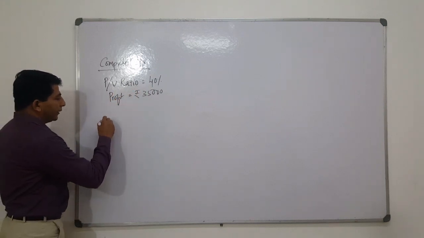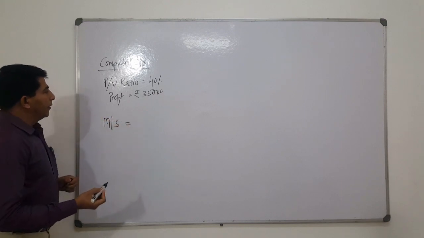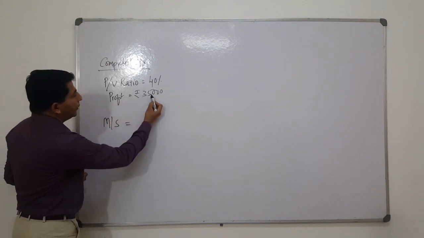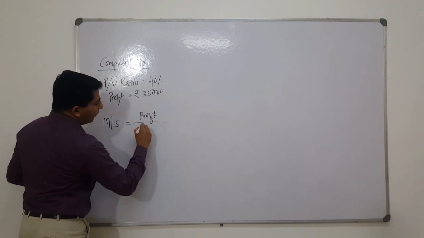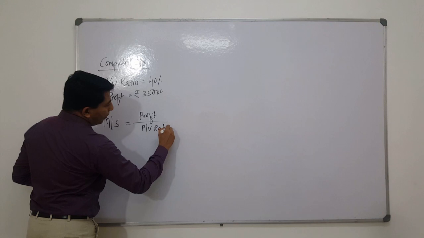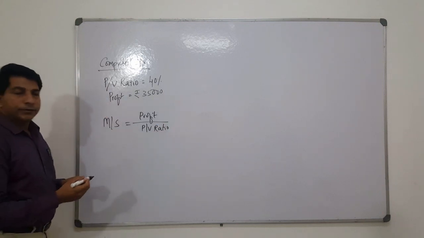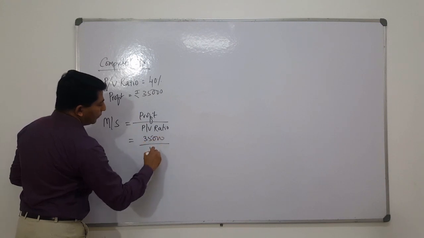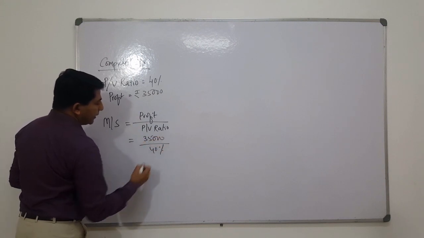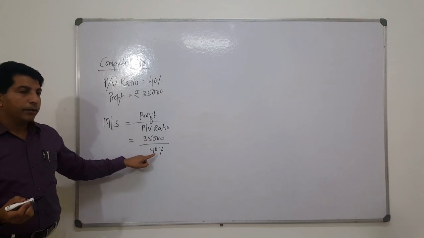So here you can calculate margin of safety. Divide the profit by PV ratio. What is the profit? 35,000. PV ratio is 40%.